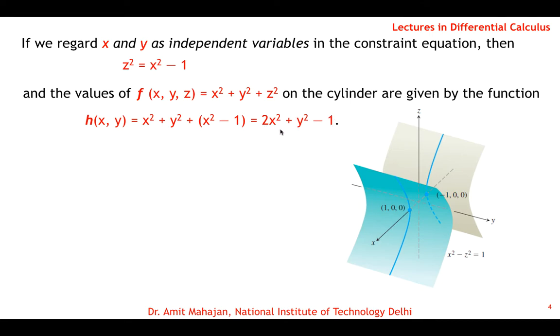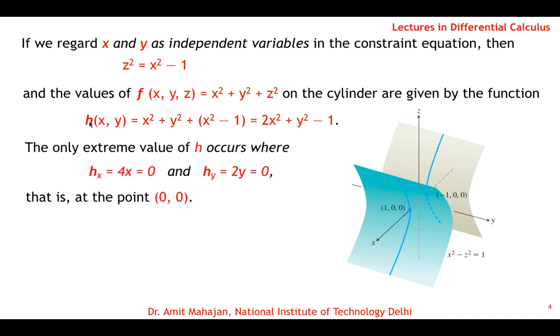Now to maximize or minimize this function, we differentiate it with respect to x and with respect to y, find the two partial derivatives, and put them simultaneously equal to 0 to find the critical points.